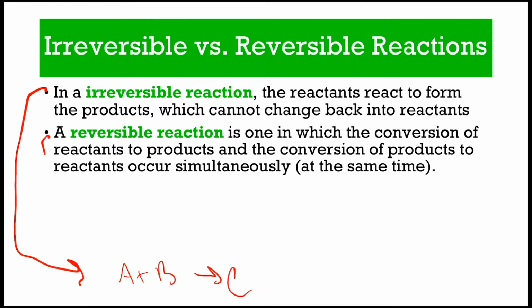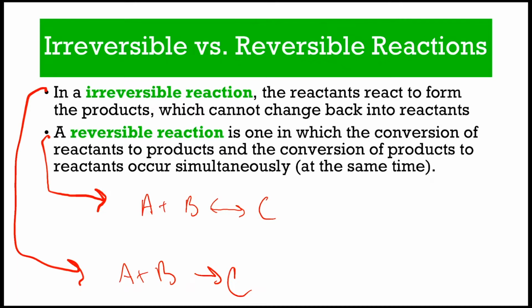A reversible reaction, on the other hand, is one where the conversion of reactants to products and the conversion of products to reactants occur at the same time. The fancy way of saying at the same time is simultaneously.